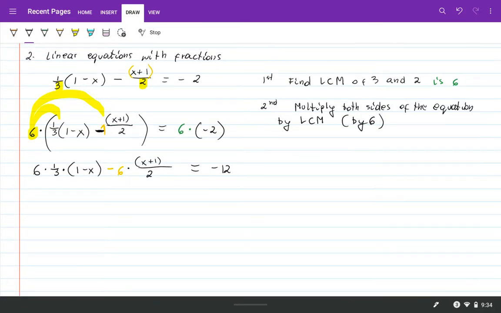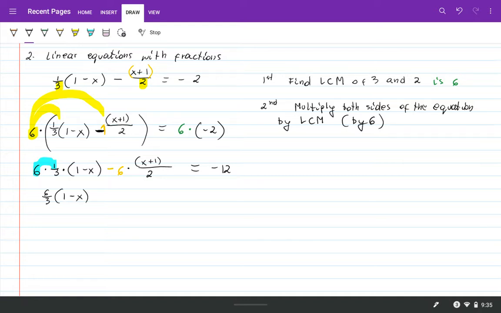So now it's time to multiply. So number multiplied by fraction, you only multiply numerator. So we have 6 times 1, which is 6 over 3, (1 minus x).